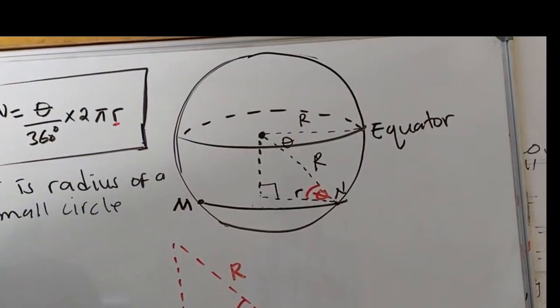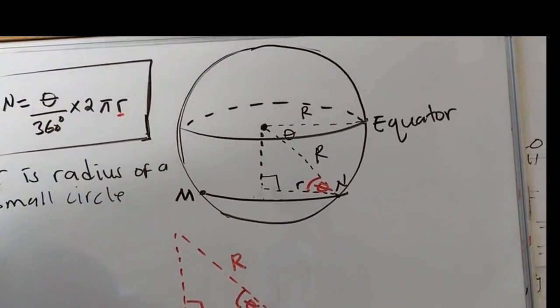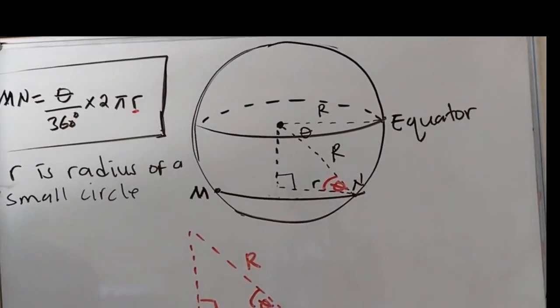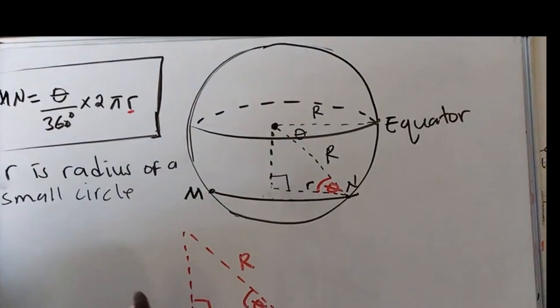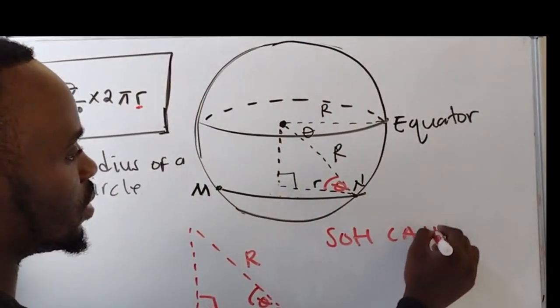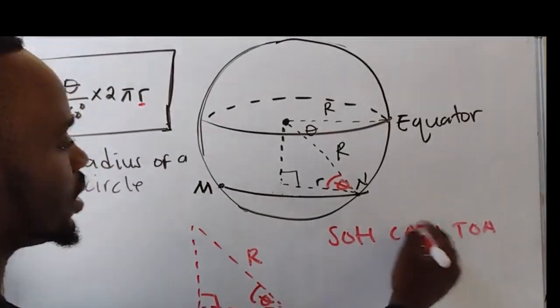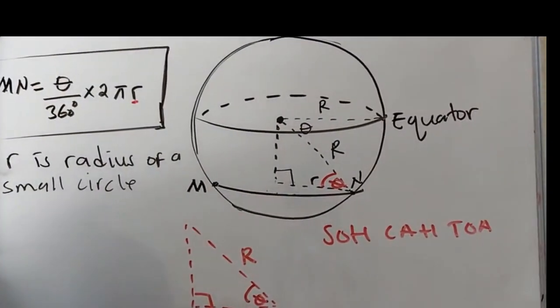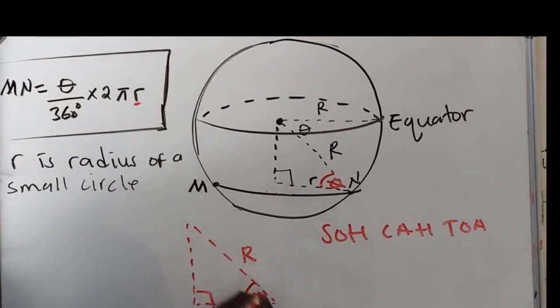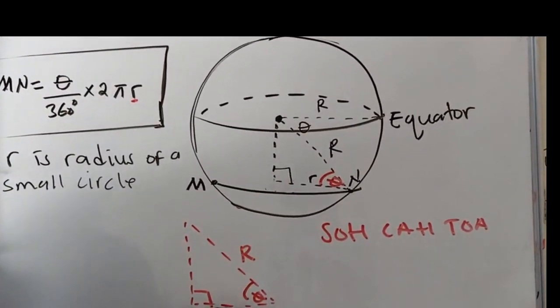So how can we find this? We can find this by using the trigonometric ratios, which we know. The ratio which is going to be applicable here: this is the hypotenuse, and this is the adjacent.